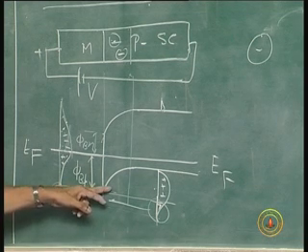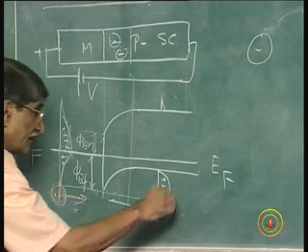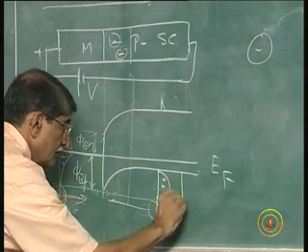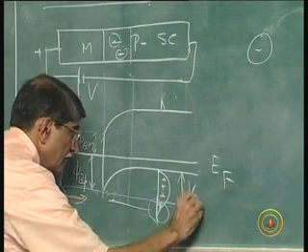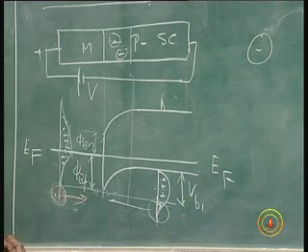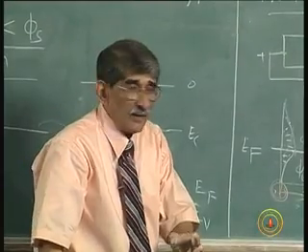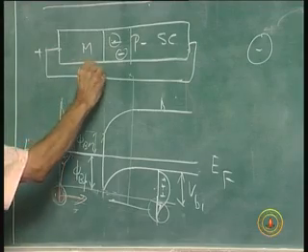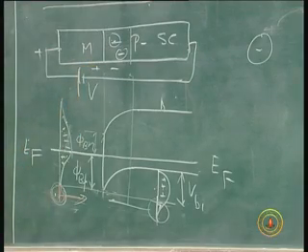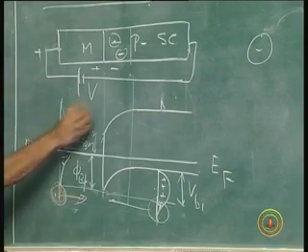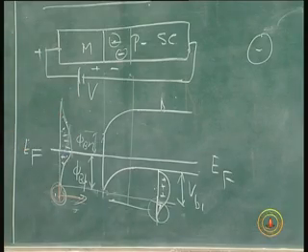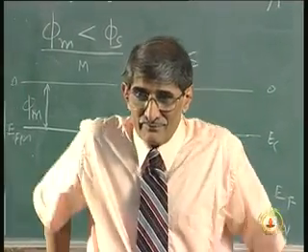You have to just see, this is the built in potential here. Whatever bending was there, that is a built in potential, and the polarity is plus minus built in potential. When I put a polarity V here, I am not telling you whether it is VR or V, I am just telling you V now.